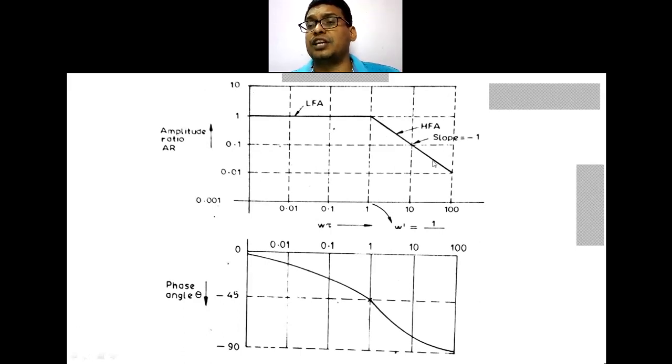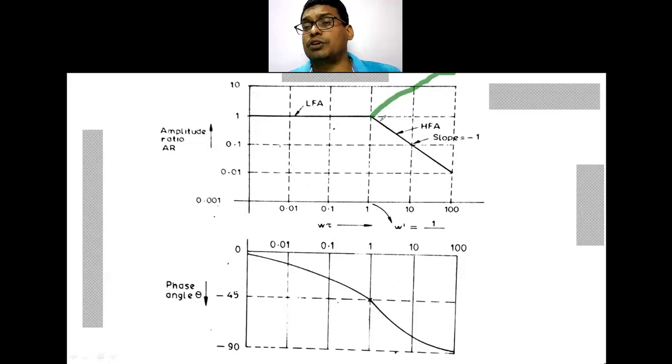If it were a positive slope, the line would have been in this direction. When it is a negative slope, the line goes in the negative direction and its slope is minus 1.